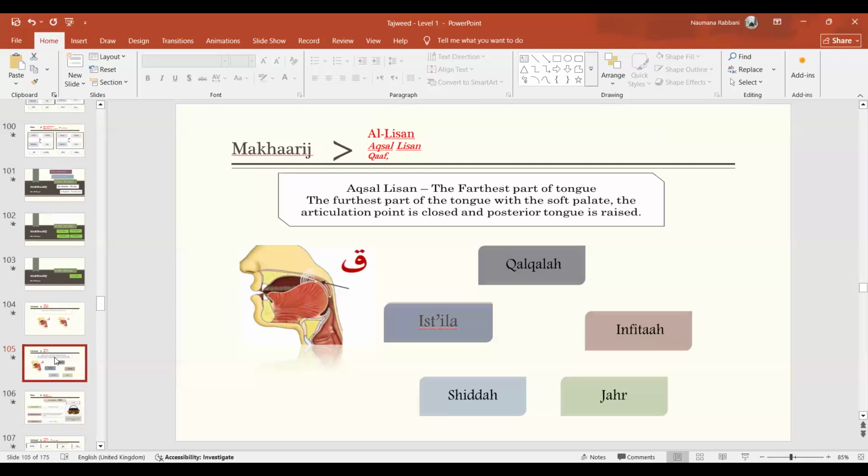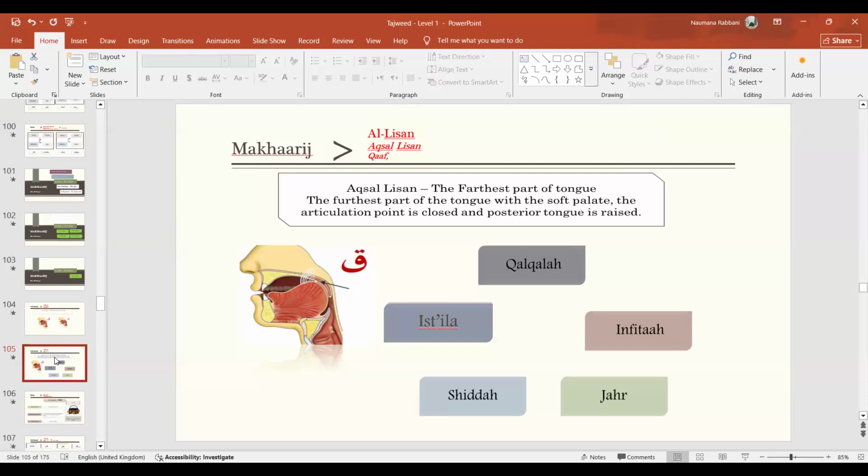And then we looked at the quality of isti'la versus istifal. This was in regards to the posterior tongue being lowered or raised. When the posterior tongue was raised, those are the letters of isti'la. In those, the sound travels and is directed towards the roof of the mouth, so the sound is heavy.